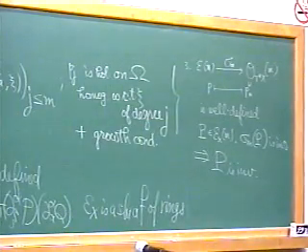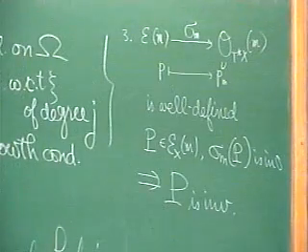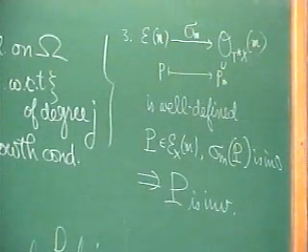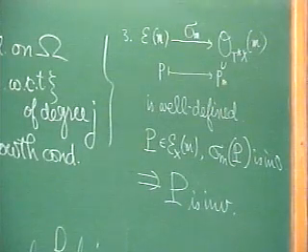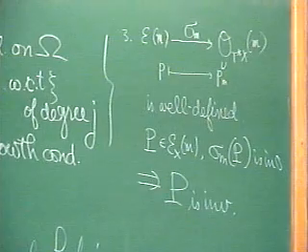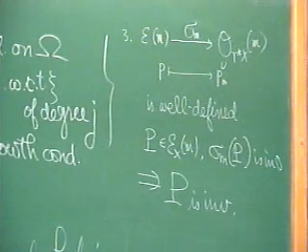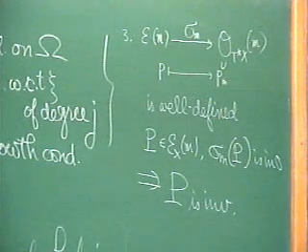The principal symbol or the value of the principal symbol plays a role of the function. If the value of a function doesn't vanish, then it is invertible, so that is the corresponding statement.